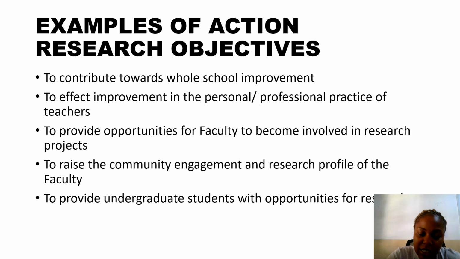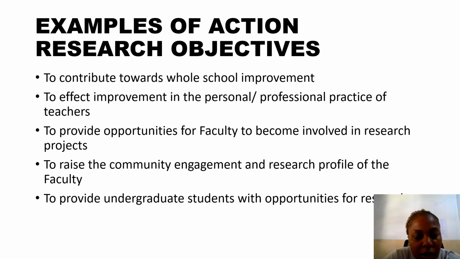Other examples of action research objectives. I know maybe you could have felt like these other research objectives were more out of the teaching scope, but then let's move to the teaching scope where you are comfortable, where you can relate to the terms.